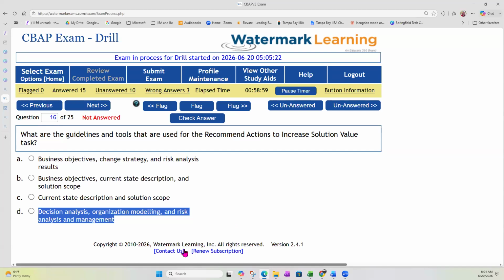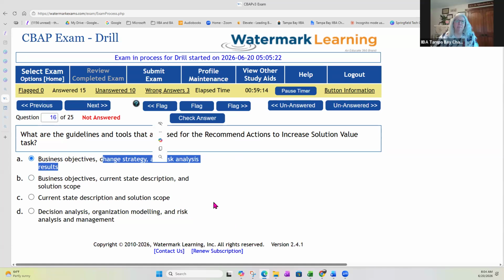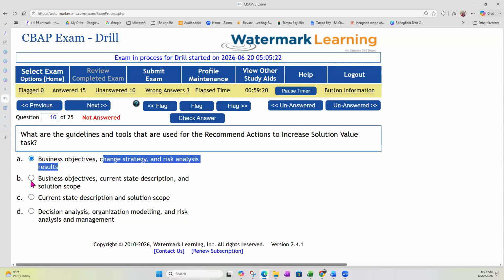Concept description. B for Bahamas. I don't like A because of change strategy and risk analysis as well. Okay. Gabrielle, Amarachi, what do you think? A is the correct one.